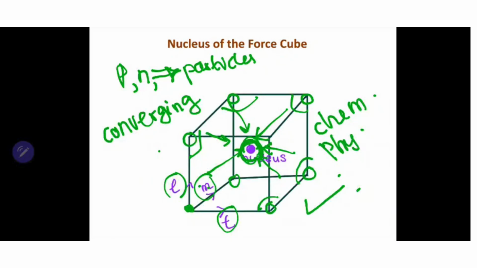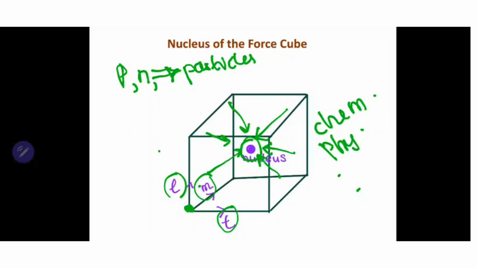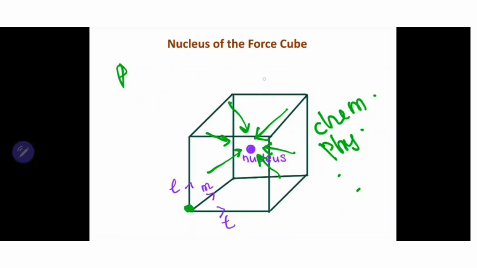Therefore, in the same way, once this nucleus is created in the universe, the nucleus knows about light, mass and time, and that is why it can exert attraction forces on each vertex.